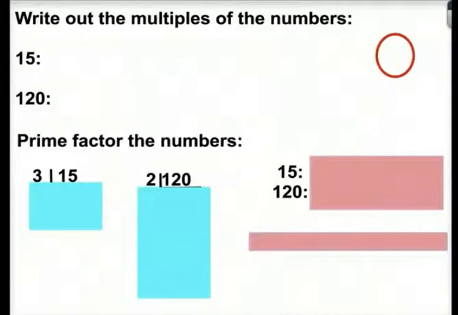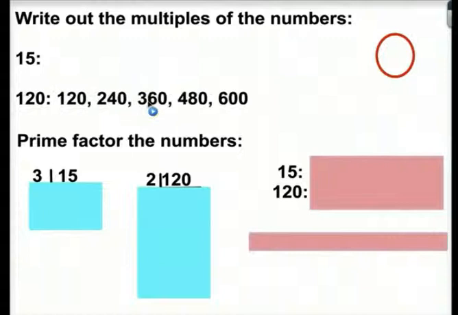Write out the multiples of the numbers 15 and 120. And this time, why don't you try writing out the multiples of 120 first, and then write out the multiples of 15. Okay? Stop the video here and go ahead and write out the multiples of 120 and 15, and then click back in when you're done. Okay?